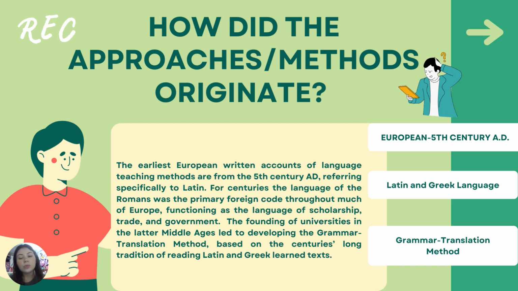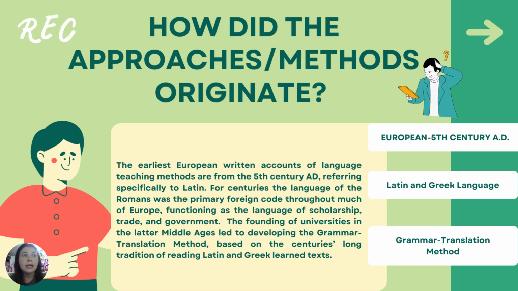There was just writing, and they could only write and translate to Latin and Greek. So the first method was the grammar translation method. This was the first method implemented by the Romans at that time.